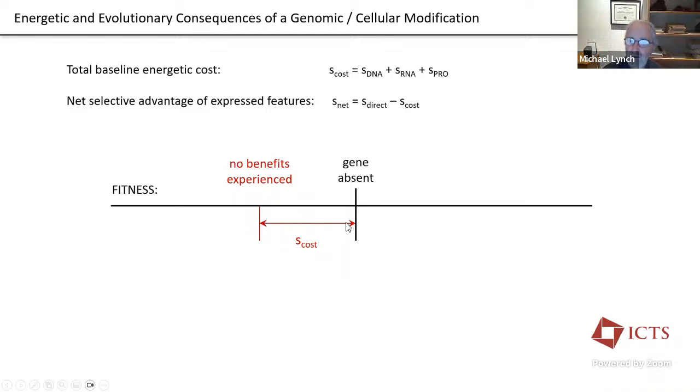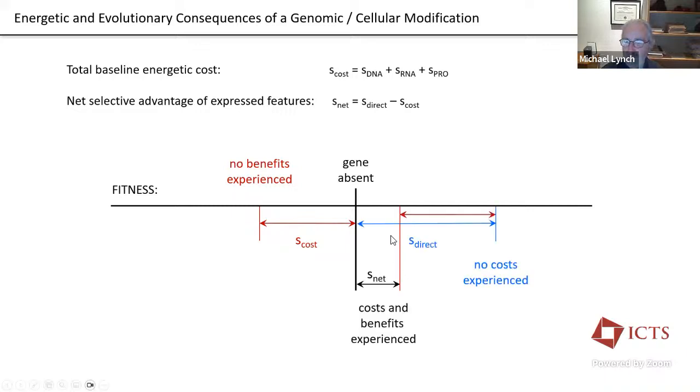So there's a baseline cost of harboring any kind of trait in any organism. And then you can imagine, well, let's suppose there was no baseline cost, and ecologically, this is the benefit. This is what you would get out of having the trait. And the net advantage is the difference between these. This is what we'd like to know ultimately. Today, we'll be focusing just on the baseline cost.